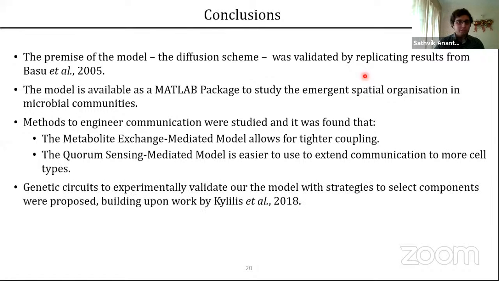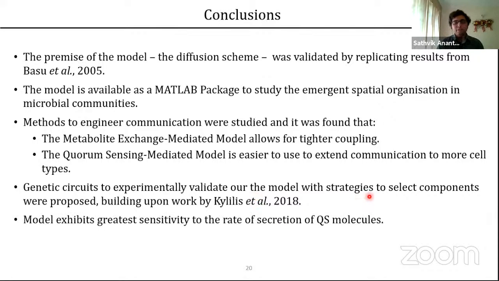We proposed genetic circuits to validate our models, and we proposed strategies based on flux balance analysis to select genes that can be used in these circuits. The design of our circuits that you previously saw are based on previous work from the Polizzi lab. And we found that the greatest sensitivity here is for the rate of secretion of quorum sensing molecules.